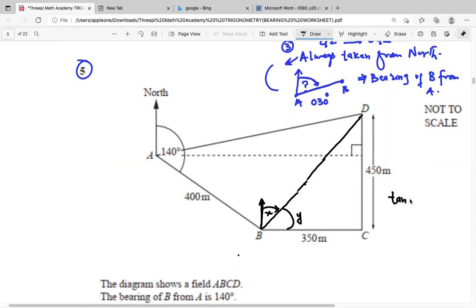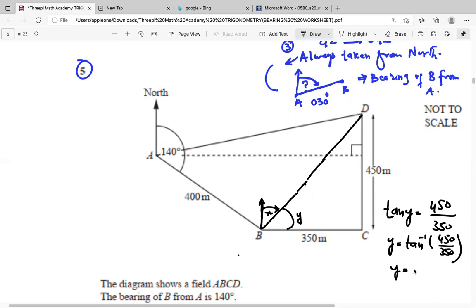So tan Y is equal to opposite over adjacent, 450 over 350. On the calculator, Y is tan inverse of 450 divided by 350, and the answer is 52.1 degrees.